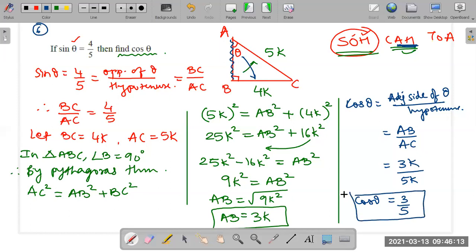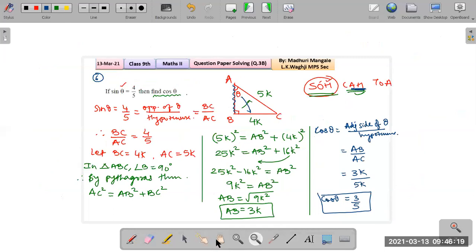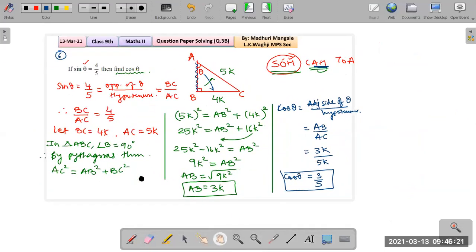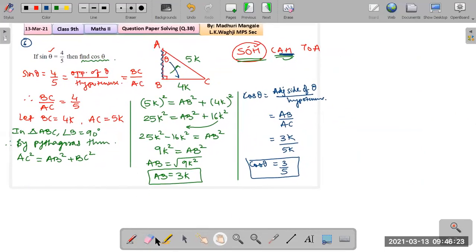Isn't that easy? Once again, let's take a quick recap on this question. How did we start? We started by drawing a diagram, a right angle triangle, because this is a question on trigonometry. Then this ratio gives us the two sides, BC upon AC. Once you get these two sides, we use a common multiple K, which gives us BC and AC.